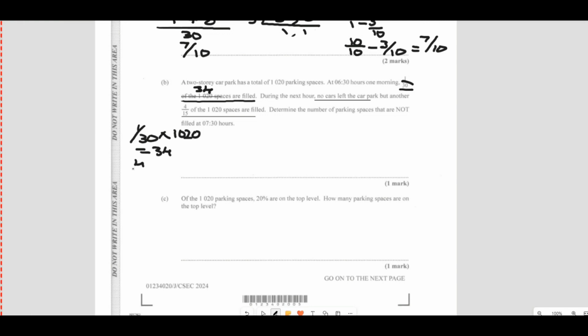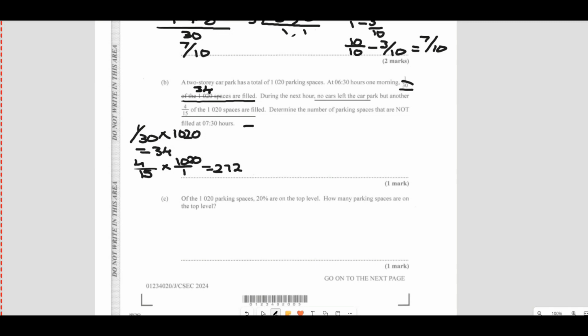So 4 over 15 multiplied by 1020 over 1, right? So we can do that. That's 4 over 15 multiplied by 1020, which is equal to 272.